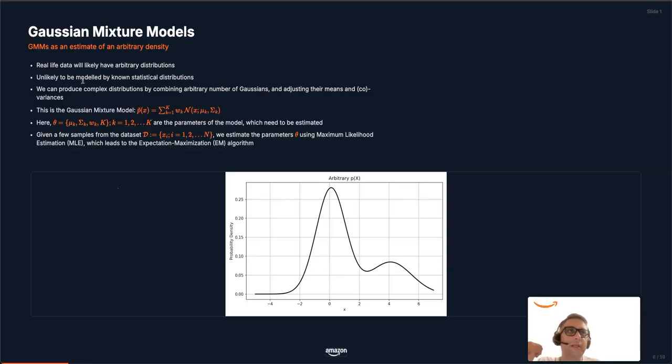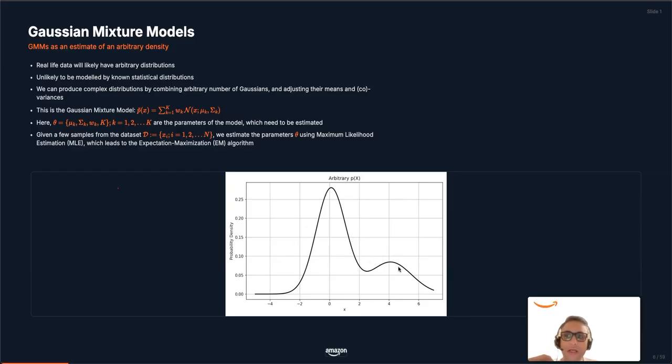And it is also unlikely that simplistic distributions like the Gaussian in the continuous case, or Laplacians and so on, will model this data very well. Therefore what we can do is produce complex distributions by combining an arbitrary number of Gaussians and adjusting their means and covariances. So one example of an arbitrary distribution is this figure that I've shown here.